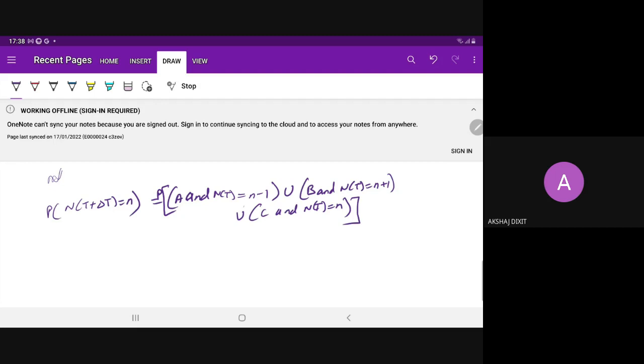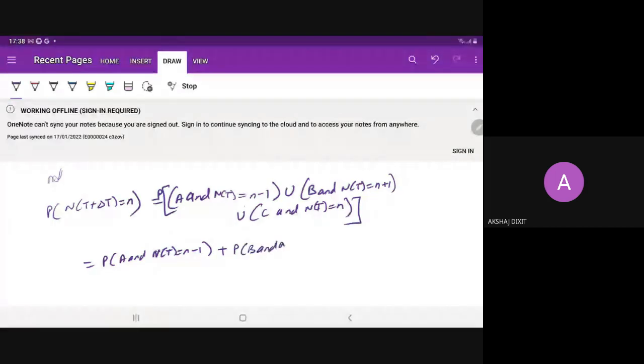Since A, B, C are mutually exclusive, in the very first lecture I told you that in the case of mutually exclusive events, it follows the addition property. So it can be written as P of A and N(t) equal to n minus 1, plus P of B and N(t) equal to n plus 1, plus P of C and N(t) equal to n.